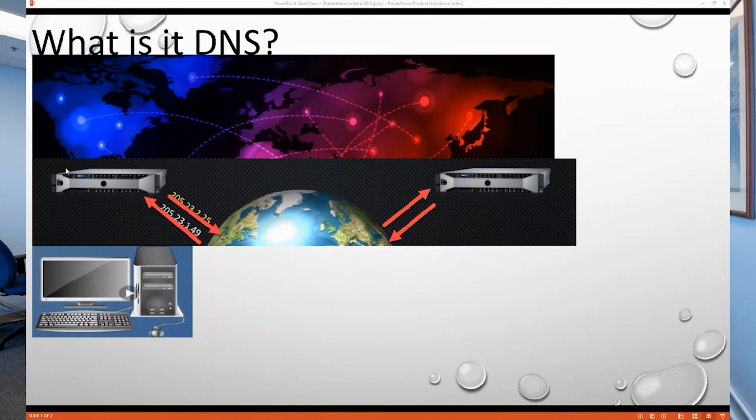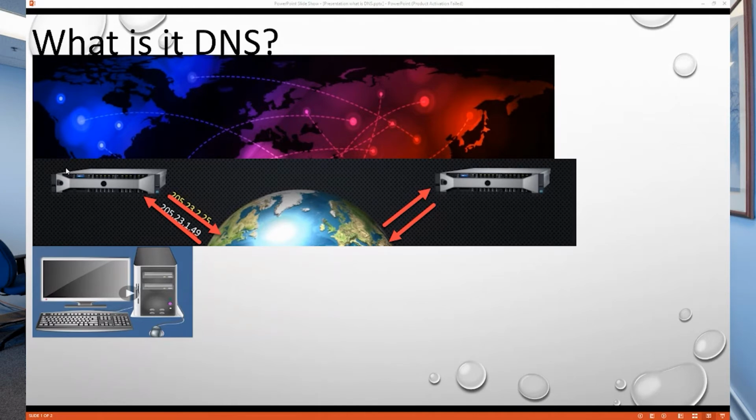Well, the internet is made up of computers that are located strategically all over the world. However, computers communicate with each other by using IP addresses, but humans communicate by words.